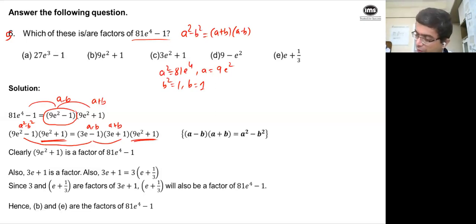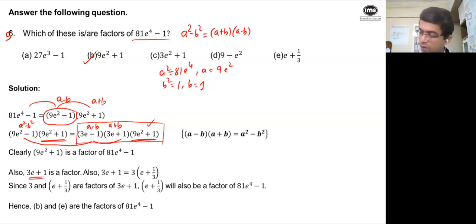Okay, so the final factorization that we have reached is this, of the original term 81e^4 minus 1. Right, now let's look at the options and see which ones are factors of 81e^4 minus 1. Now I can see a 9e square plus 1 in the factorization. So obviously 9e square plus 1 is going to be a factor. Also 3e plus 1 is a factor.